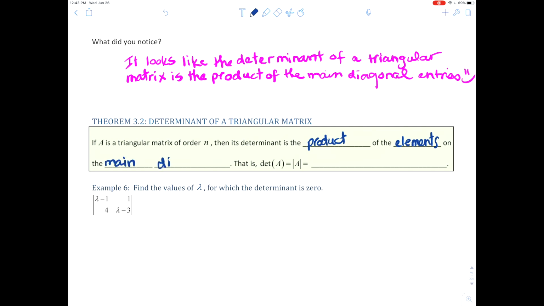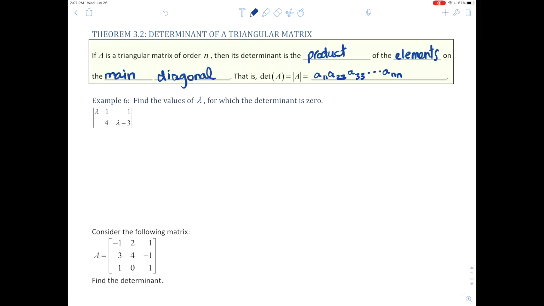Symbolically, the determinant of A would be a1,1 times a2,2 times a3,3, all the way down to times an,n. Groovy?